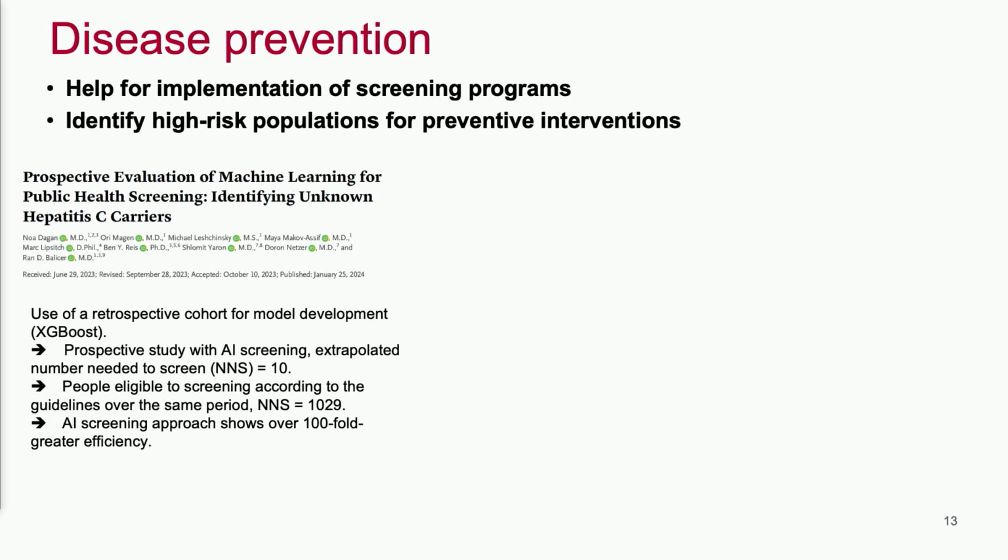Here, a very interesting paper that was published very recently about the screening on hepatitis C. In this paper, the authors developed a model based on retrospective data, and they performed a prospective study with AI screening, and they show that they get an extrapolated number needed to screen of 10, and they compare this result with people eligible for screening according to the guidelines over the same period of time.